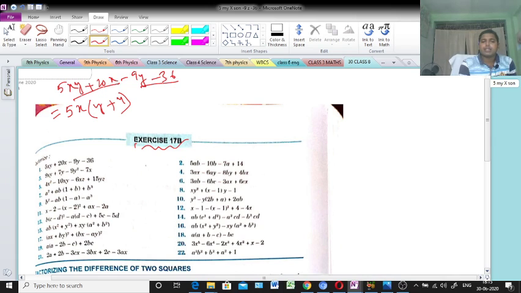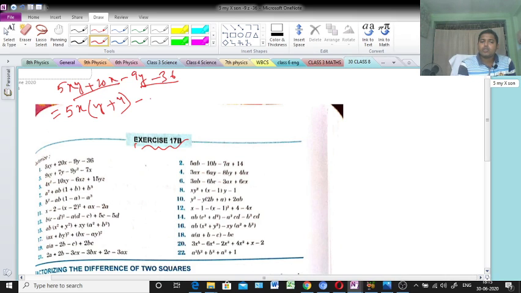Minus 9y minus 36. So we will take common. What will we take common? See, minus is common. So I'm writing minus here. After that, 9 is common, because 36 is also divisible by 9.